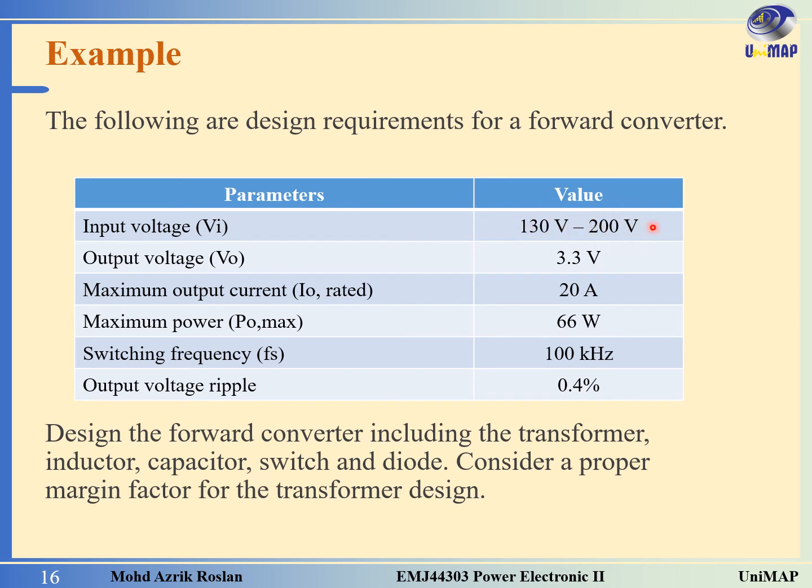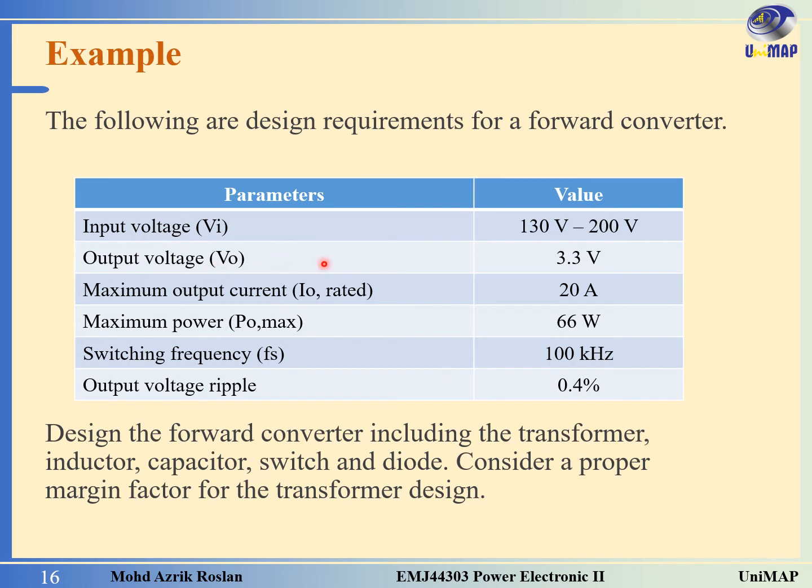What it means is we have to make sure that our converter operates normally within the required range, when we receive the lowest input voltage of 130 or the highest input voltage of 200. Within this range, our forward converter must work as required.